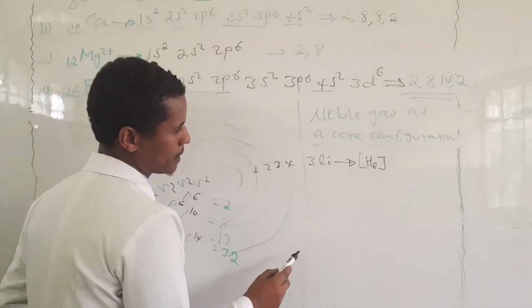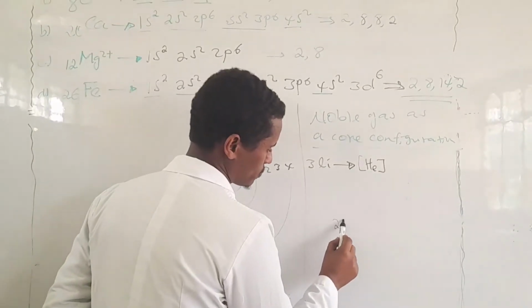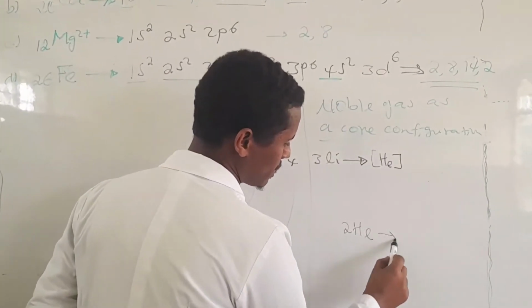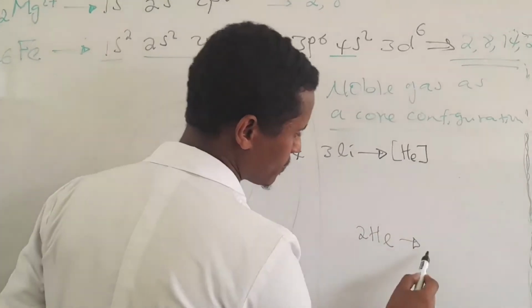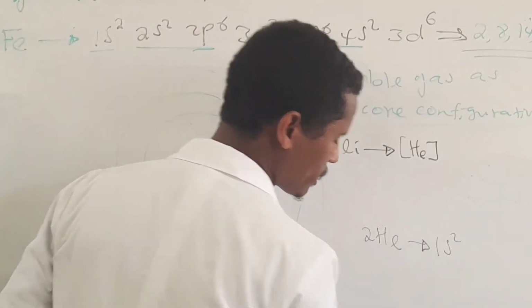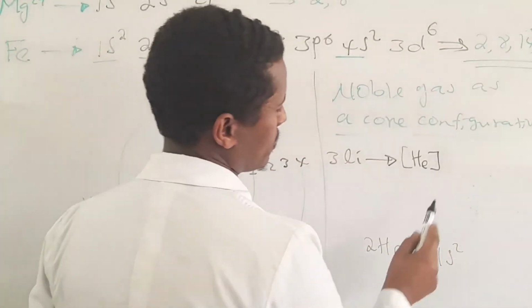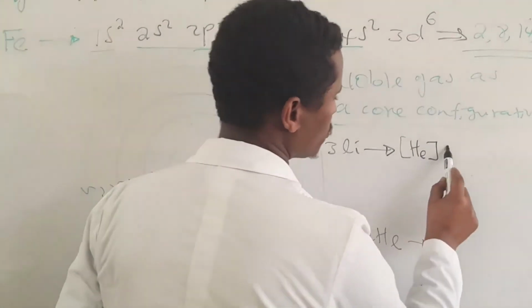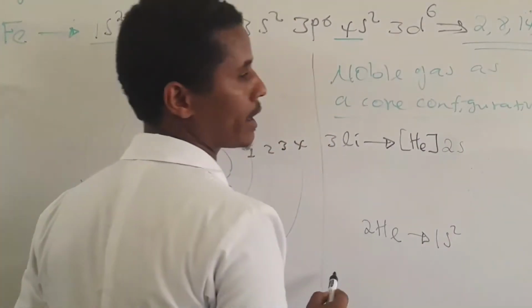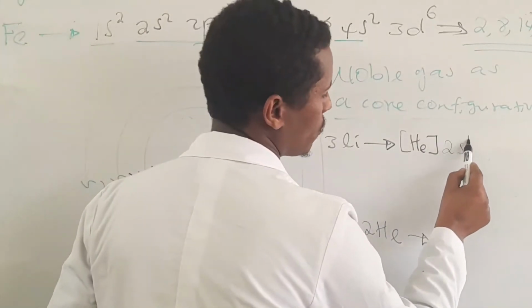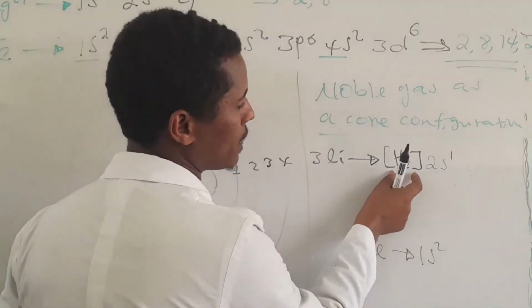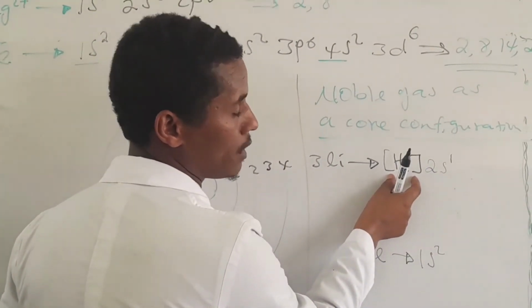Helium has 2 electrons. That means the bracket represents 1s2. What about the second? 2s holds what? 1 electron, because 2 electrons are represented by helium.